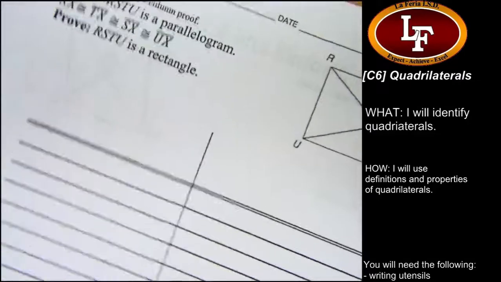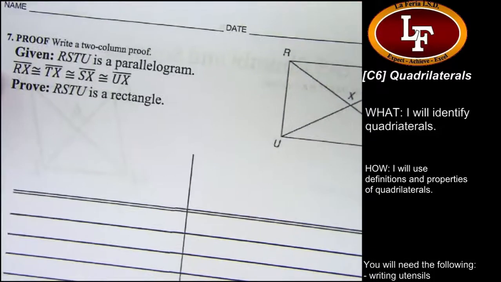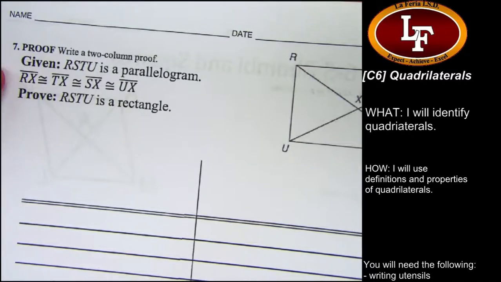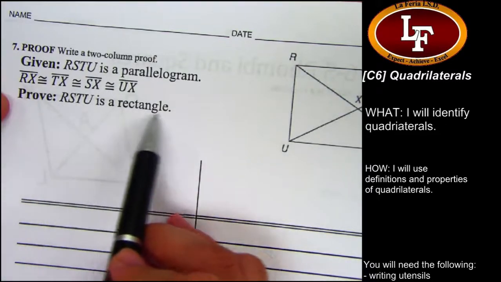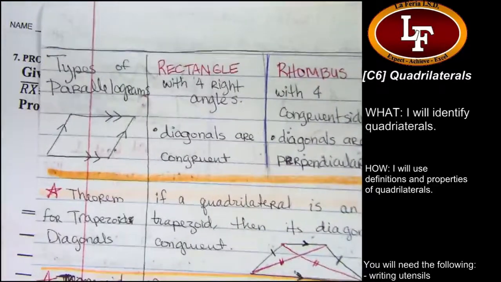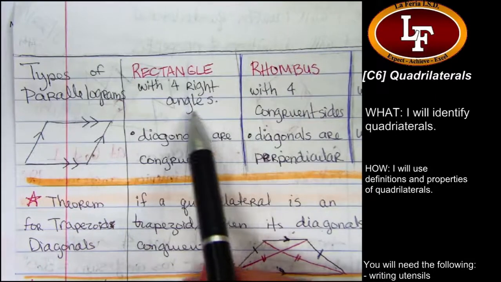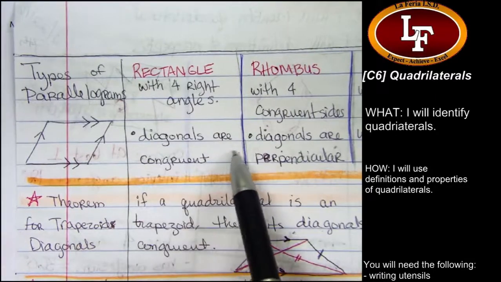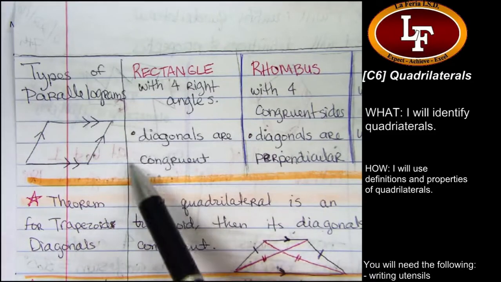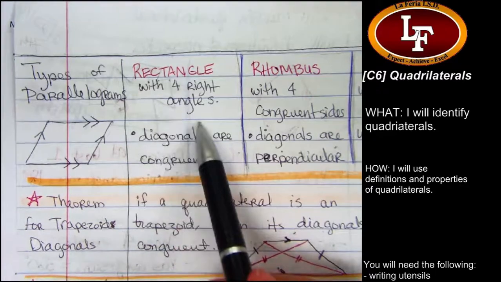You've got a 2-column proof. This is all about looking at your given and trying to figure out what you need to say in order to show that the thing is a rectangle. Let's look at our properties of rectangles really quick. It looks like the only big property to distinguish a rectangle from any other parallelogram is that diagonals are congruent and we have right angles on the corners.